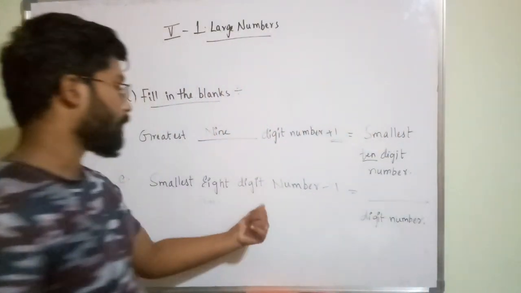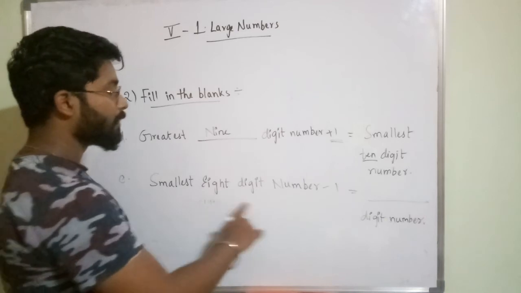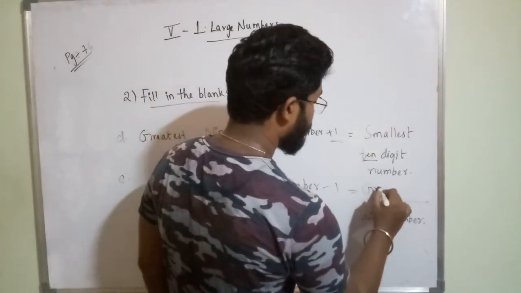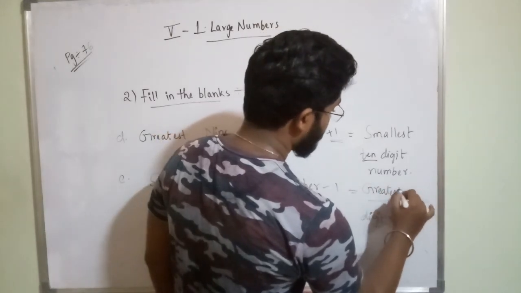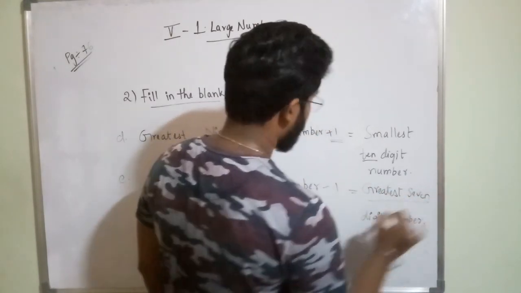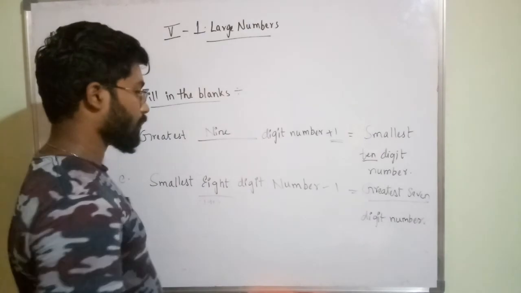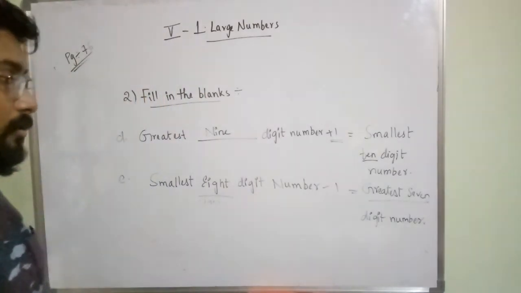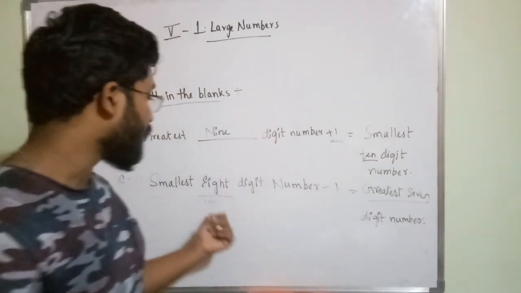Smallest 8 digit number minus 1. 8 minus 1, what? 7. Greatest 7 digit number. Here it is telling 8 digit number minus 1. 8 minus 1, how much? 7.